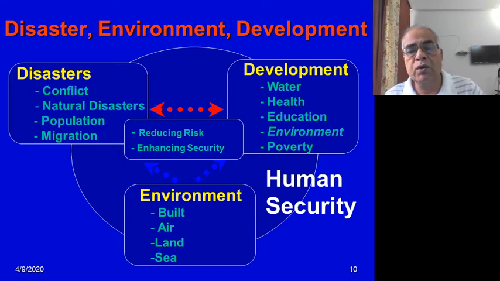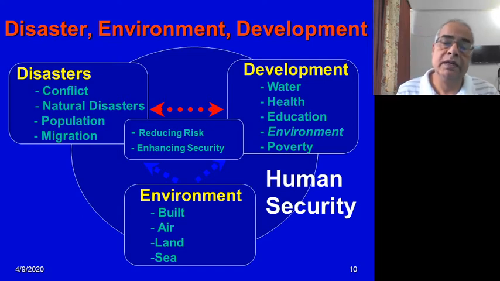We have more and more people on the surface of the earth, and we have to go for development for water, health, education, environment, etc. If we have development in tune with the environment, meaning we are not spoiling the air, land, and sea to a great extent, then only can we think about minimizing the disasters, right?